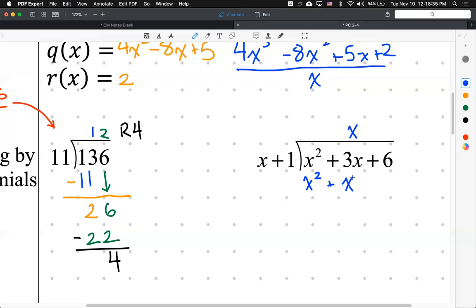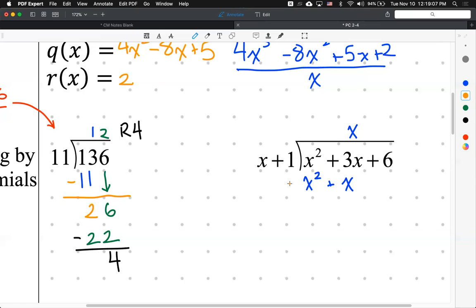What did we do next? We're moving on to the orange. Sam? Subtract 3x and x. And you get 2x. You do indeed, yeah.